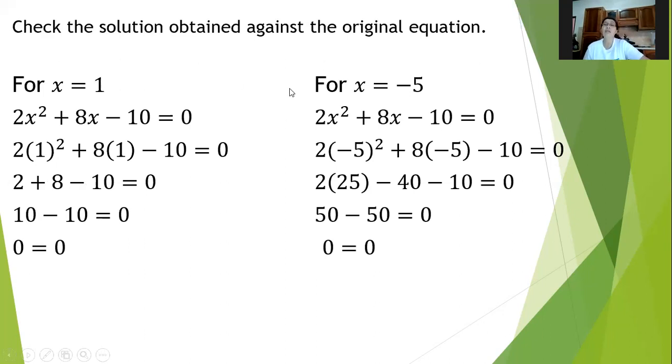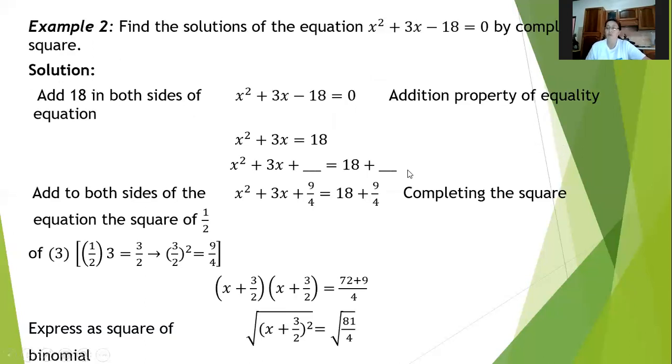How about the other one? For x is equal to negative 5. The same procedure: we substitute the value negative 5 into the original equation. 2x squared plus 8x minus 10 is equal to 0. We have 2 times quantity negative 5 squared plus 8 times negative 5 minus 10 is equal to 0.